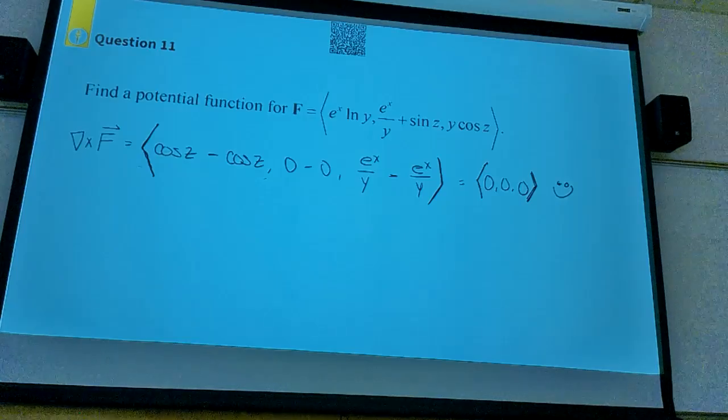What that means is there exists some function, let's call it v, such that the gradient of v equals f.